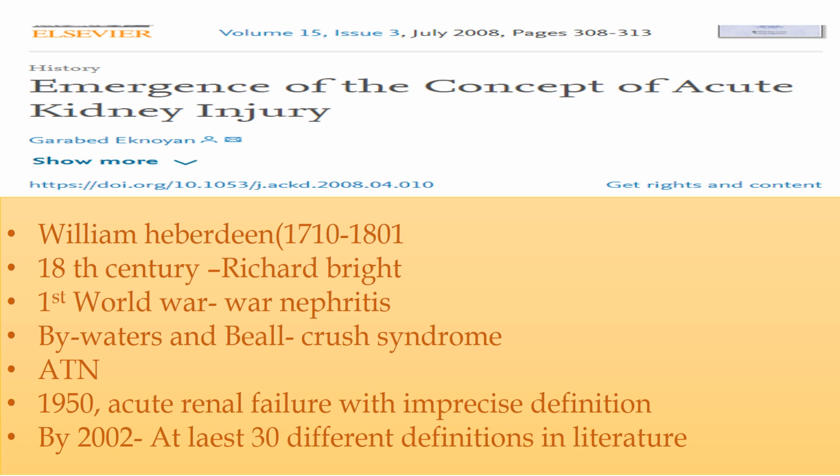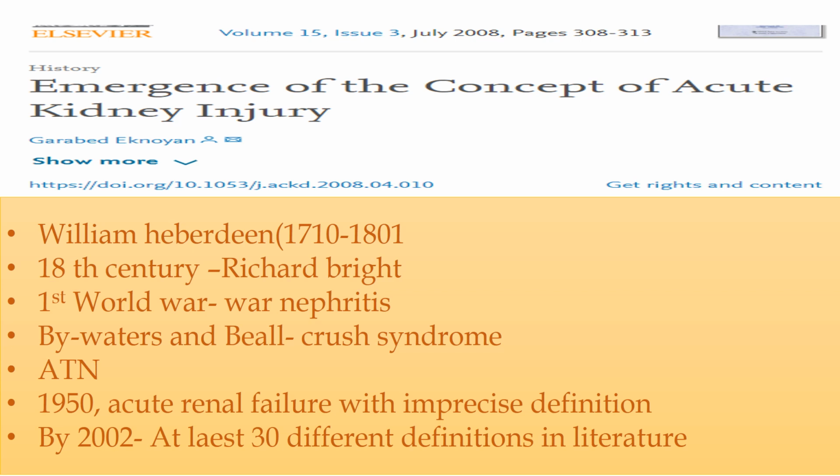During the First World War, it was noticed that many soldiers who were victims of trauma suffered from a reduction in urine output, and this became known as war nephritis. By the Second World War, we begin to see studies into patients that had suffered from trauma, crash injury, and we get Bywaters and Beall publishing a paper on crash syndrome in which they further describe this reduction in urine output.